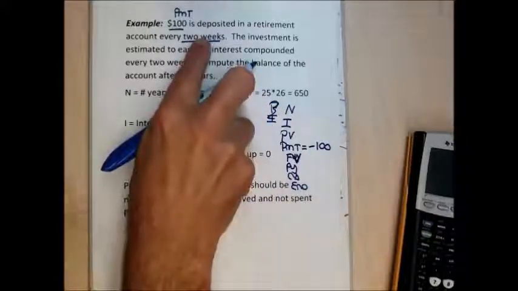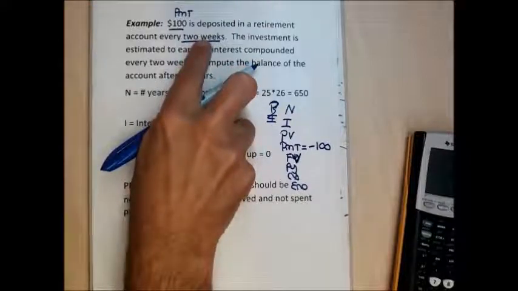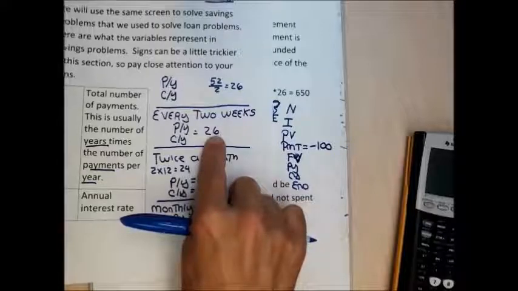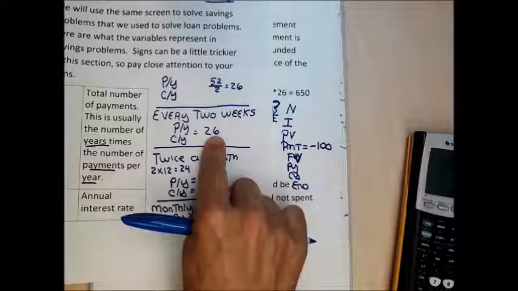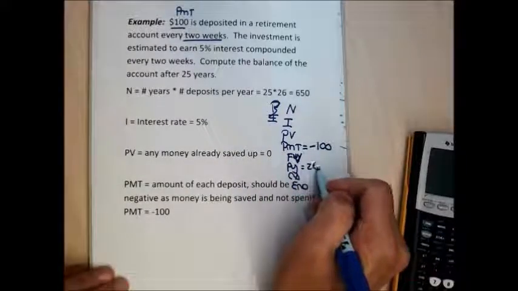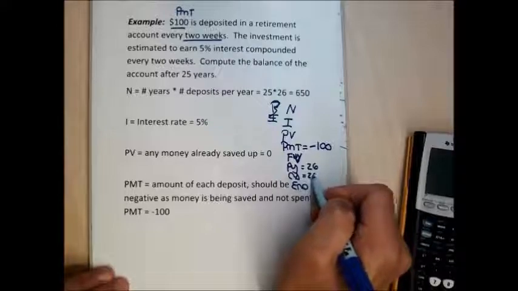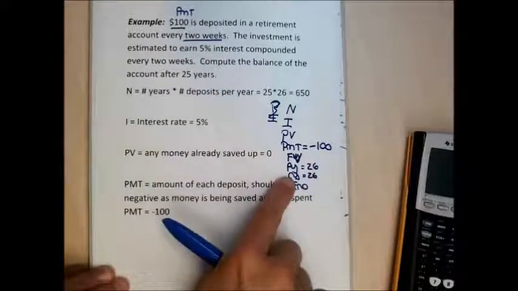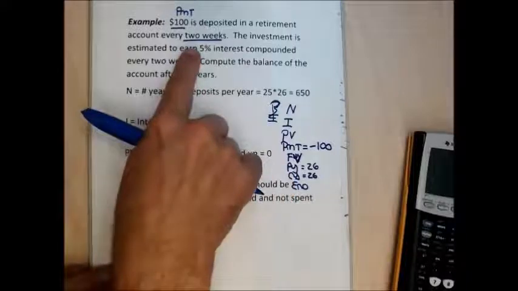The next thing, every 2 weeks: this person is getting paid every 2 weeks. If you're getting paid every 2 weeks, there are 2 months each year that you get 3 paychecks. The PY and the CY are 26. So going through the first sentence, I know the value for the PMT, the value for the PY and the CY. Now I'll move on to the second sentence.